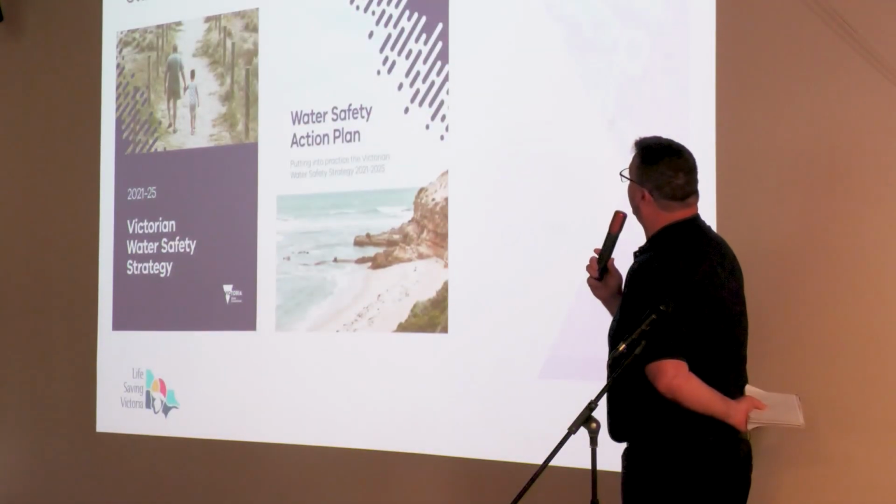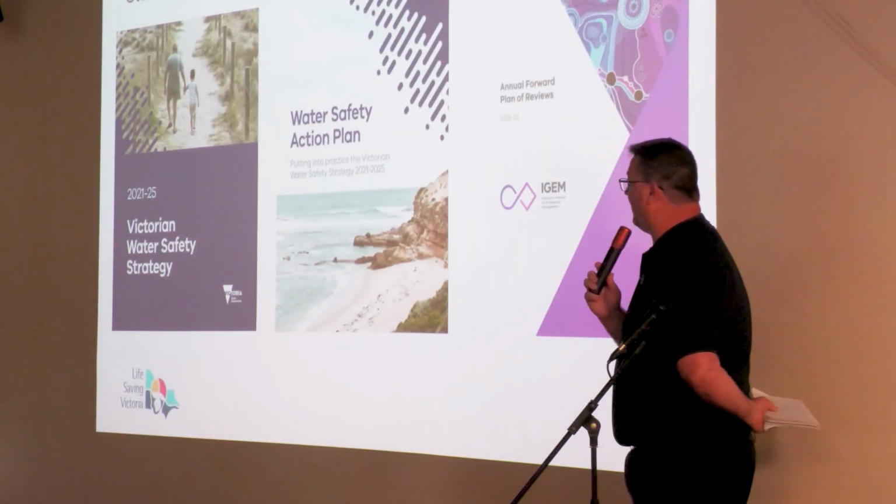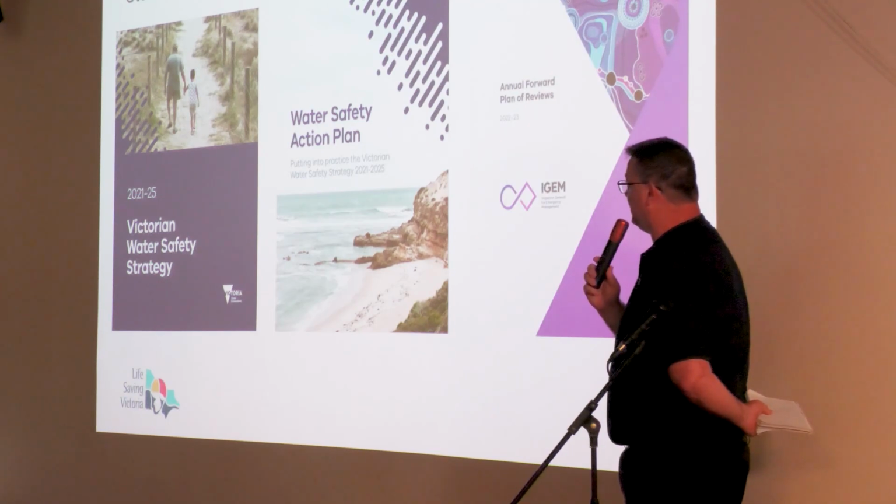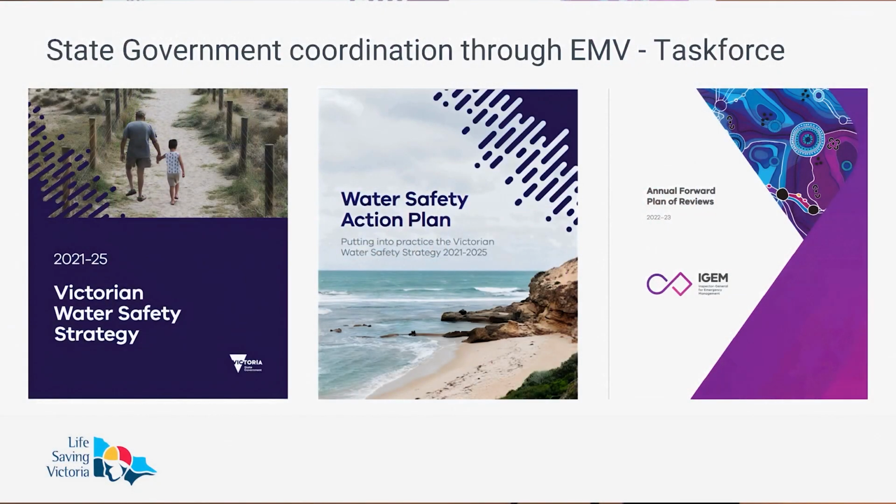So the state government, coordinated through Emergency Management Victoria, created the Victorian Water Safety Strategy and the Water Safety Action Plan. So these are documents that we, as Lifesaving Victoria and the industry experts, guide and advise. So this is what we're working towards, a better, safe water management environment. So the Victorian Water Safety Strategy is broken into 3 contexts.